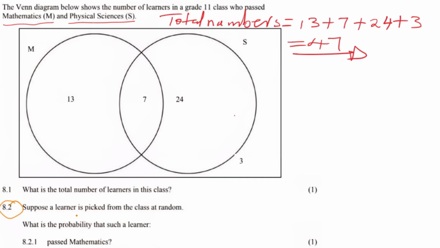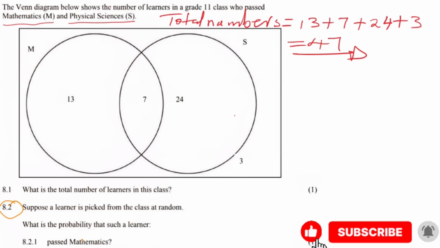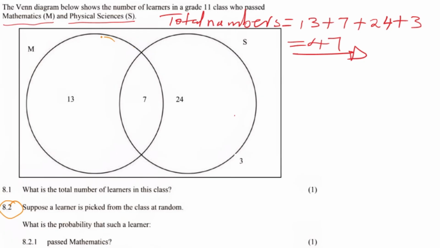8.2. Suppose that a learner is picked from the class at random. What is the probability that such a learner passed mathematics? This whole circle is for mathematics. These ones passed mathematics only, and this one passed mathematics and physical science.